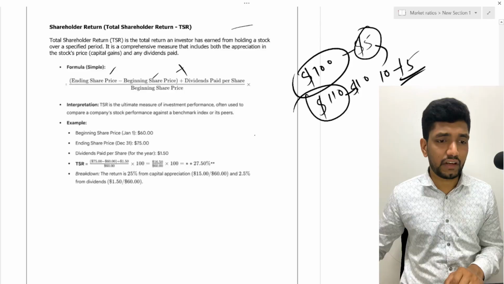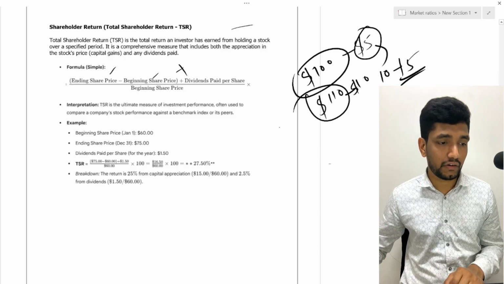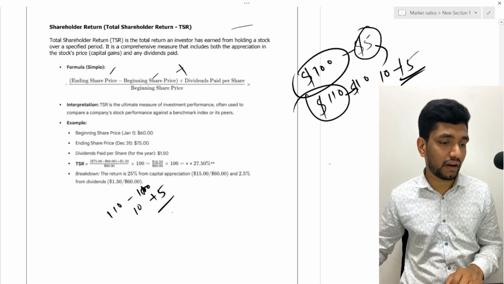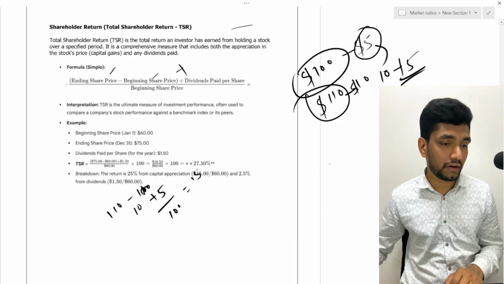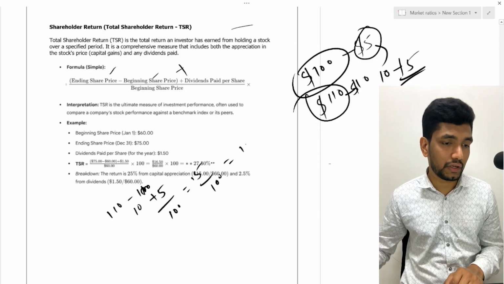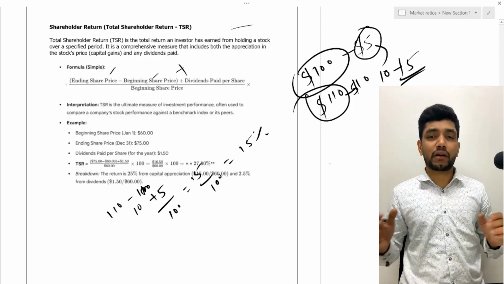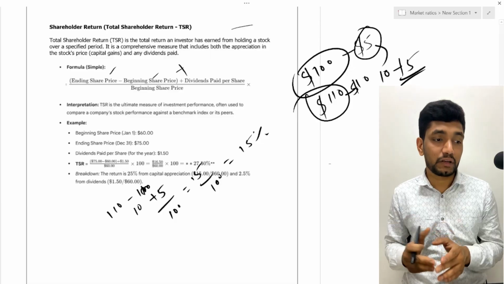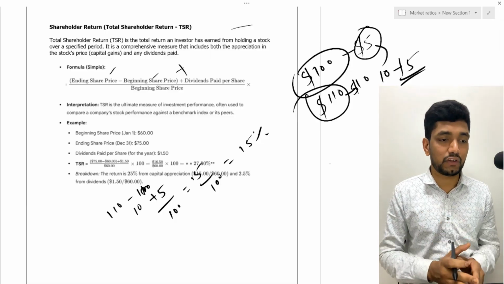Look at this example. The ending share price is 110 and the beginning is 100, so the capital appreciation is 10. So 10 plus 5, divided by the beginning share price of 100, is 15 divided by 100. That means 15%. So as a shareholder's total return, this share can provide 15% return on its investment.